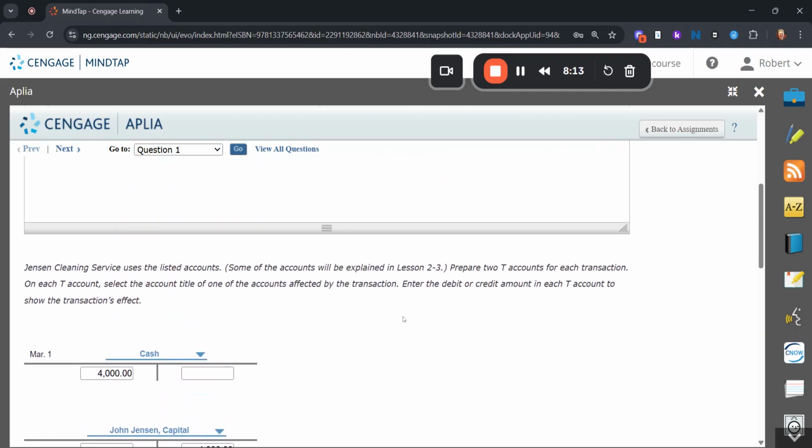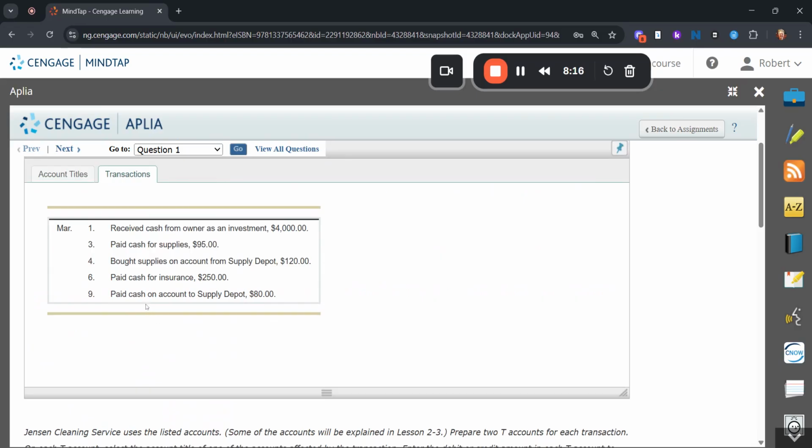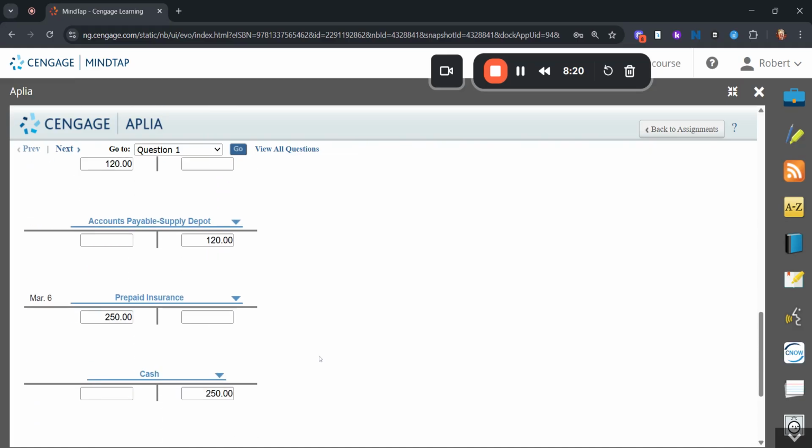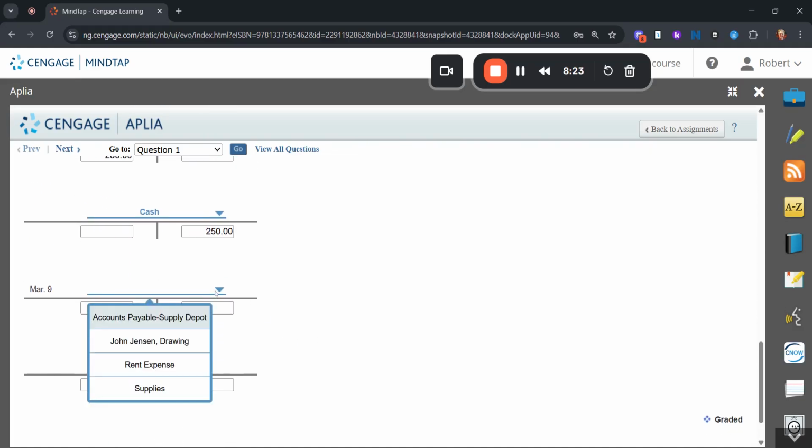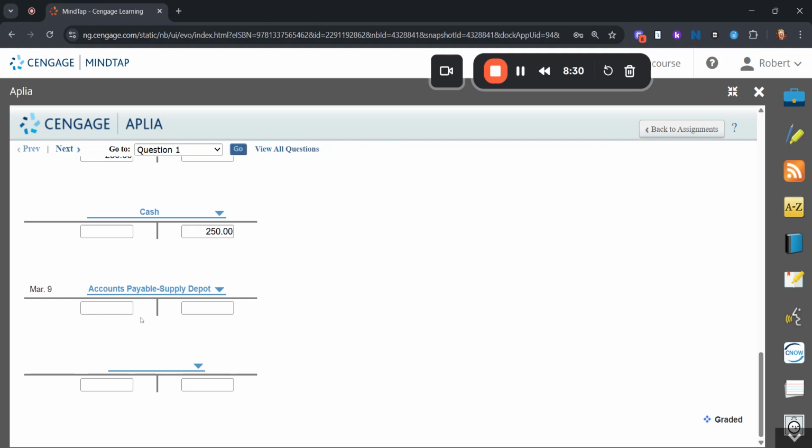And the last one we have, paid cash on account to Supply Depot. So it's accounts payable, Supply Depot. So that's a liability. So now the amount that is owed to Supply Depot is going to decrease because money is getting paid towards that account.